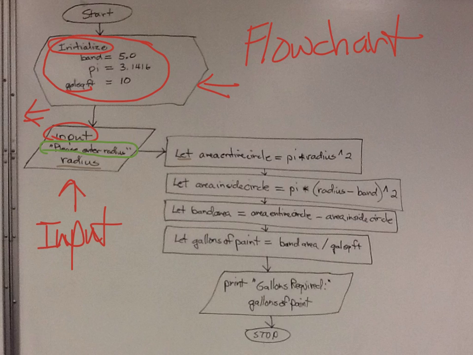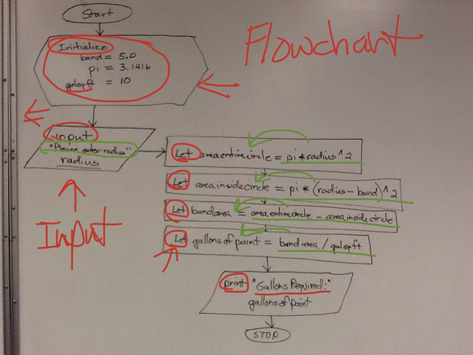Action word. Got action words here in all these. Later on we'll talk about leaving that one out, that action word. And then here's the formula. Okay, calculate on the right, store to the left. Calculate on the right, store to the left. And then down here we can get an action word, print.